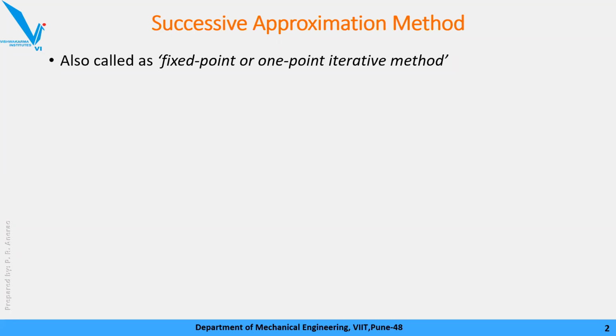That's why in our syllabus, to avoid that confusion, we are going to use the name successive approximation method or fixed point iterative method or one point iterative method. If you look into the old books, it will be just plain iterative method. Okay, उसके बाद इसके ऊपर से derive होके remaining methods develop. So we'll start with the successive approximation method.